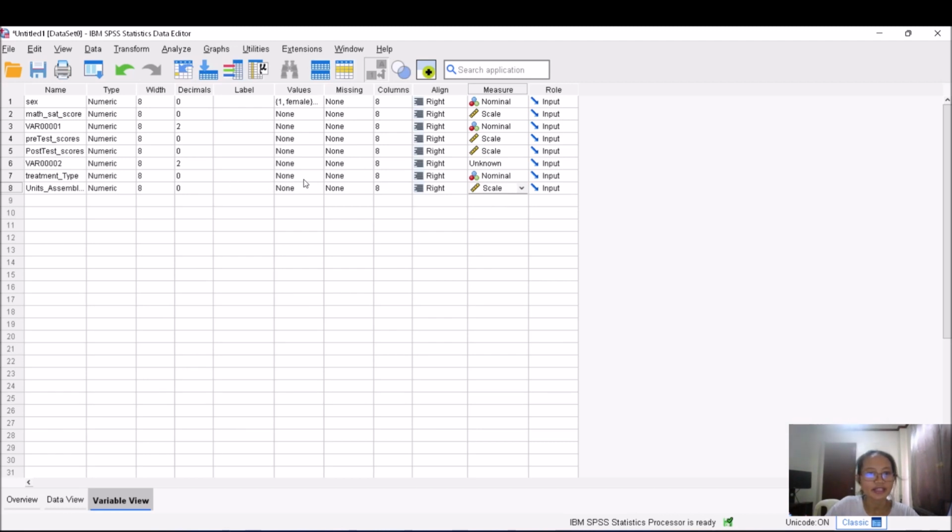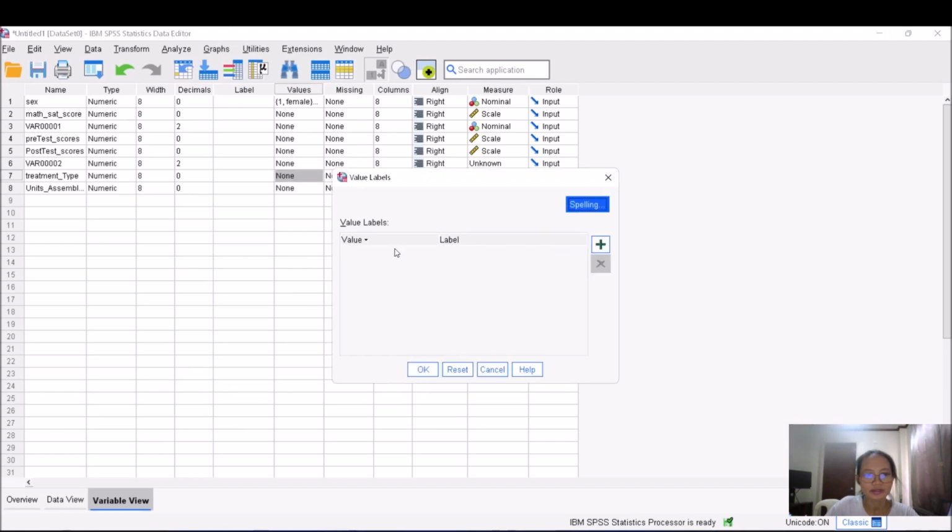And then for the label, that's 1 for treatment A, 2 for treatment B, and 3 for treatment C. And then you click OK.